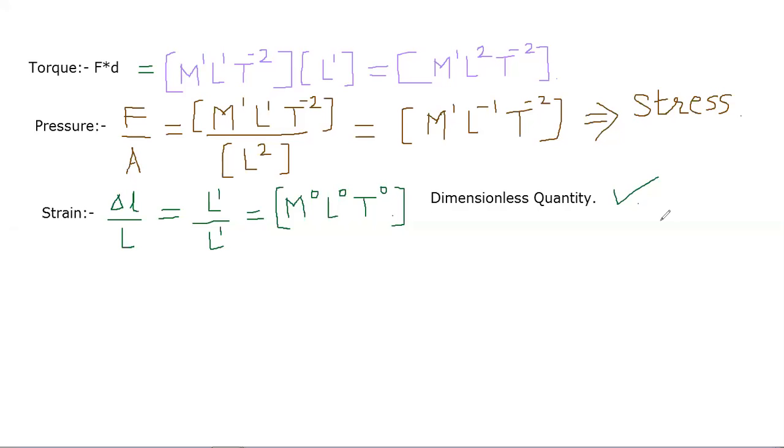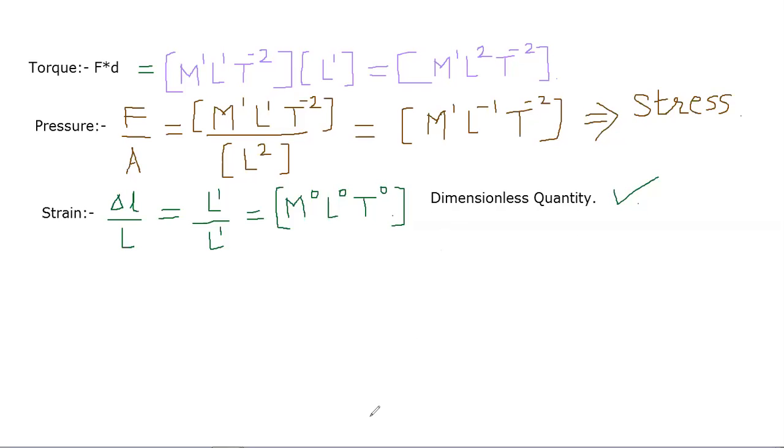The Poisson's ratio is the ratio of two similar quantities, that is lateral strain upon longitudinal strain. And that's why Poisson's ratio also doesn't have the dimension. Okay, so I hope that you got it. Various other quantities are also there which don't have the dimension. You need to find them.